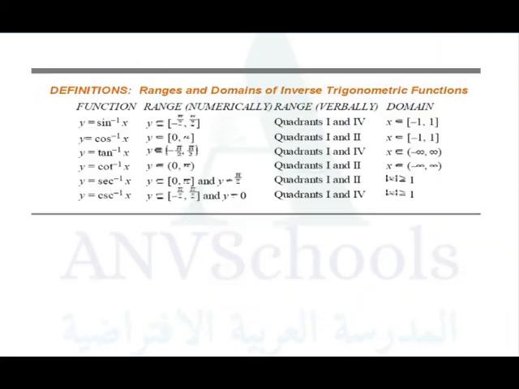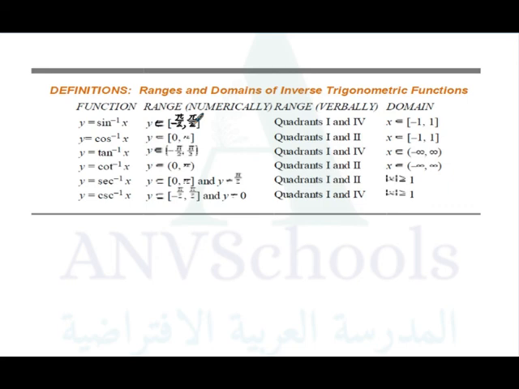Now in summary, these are the domains and ranges of our inverse trigonometric functions. So for y equal to inverse sine, y is an element of the interval negative pi over 2 to pi over 2.